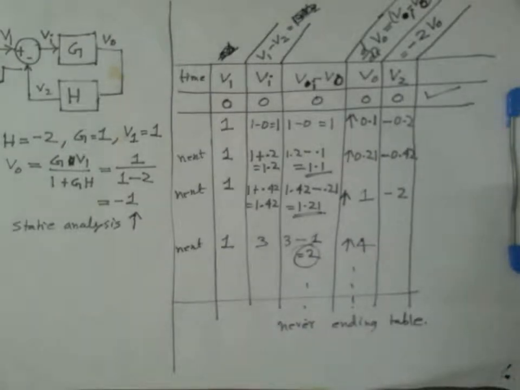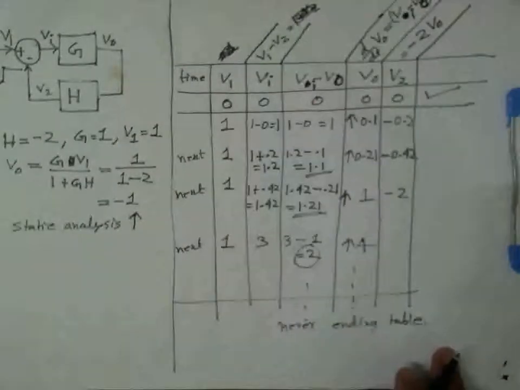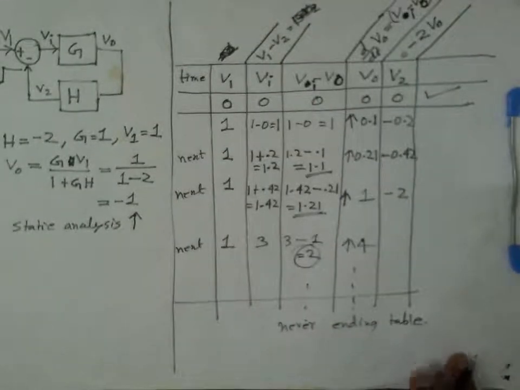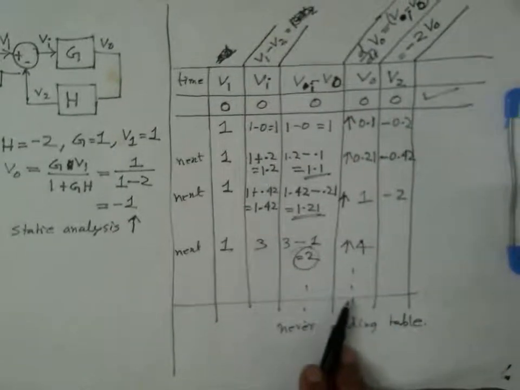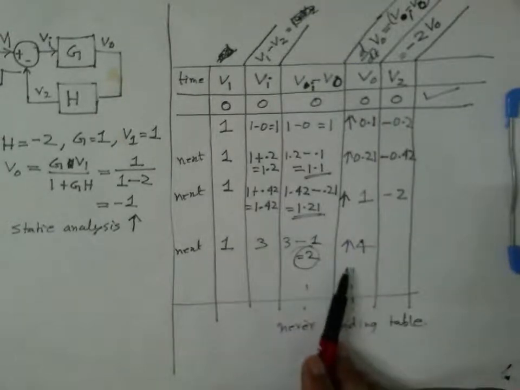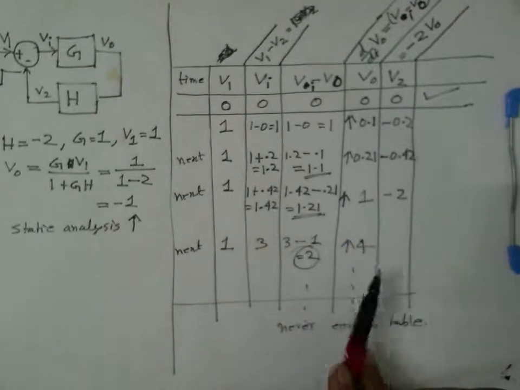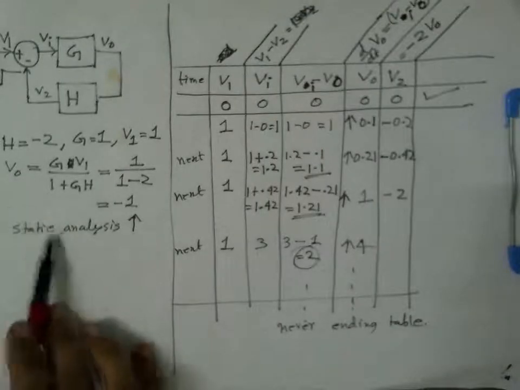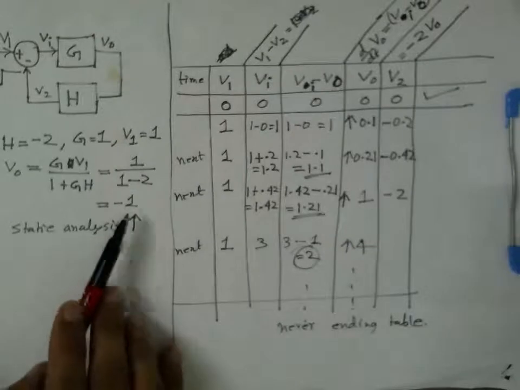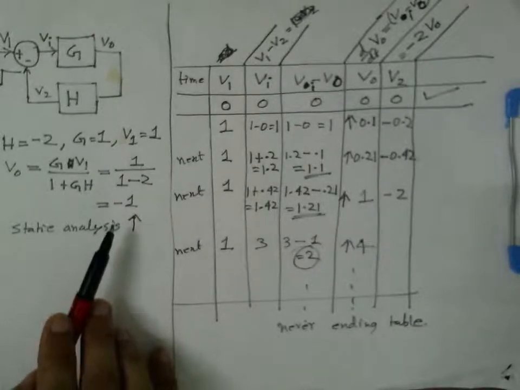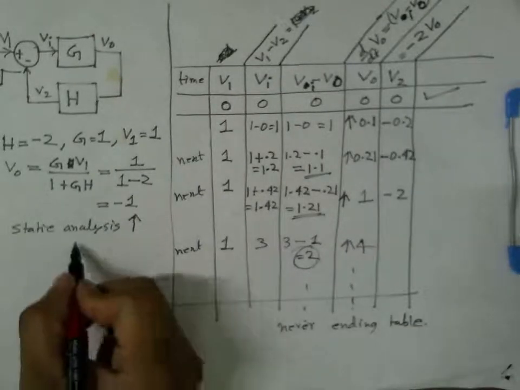Or if you are a good programmer in your language, we are running into an infinite loop. So this V0 is going to keep increasing forever and ever, and it's not going to stop. And then this static analysis, which says that the output should be equal to -1, is not true.